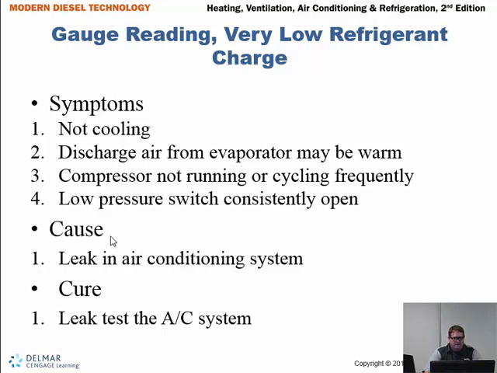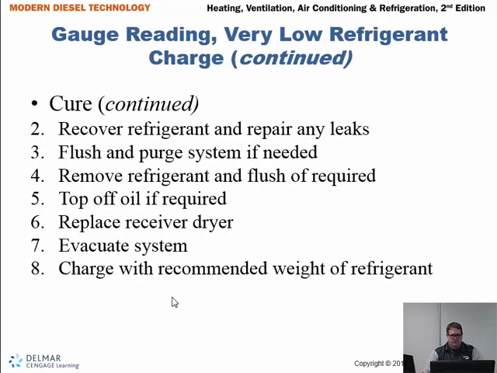And then, the cause on this is obviously a leak in the air conditioning system. And then the cure: leak test the system, recover the refrigerant and repair any leaks, flush and purge the system if needed, remove the refrigerant and flush if required, top off oil if required, replace the receiver dryer, evacuate the system, and charge with recommended weight of refrigerant.